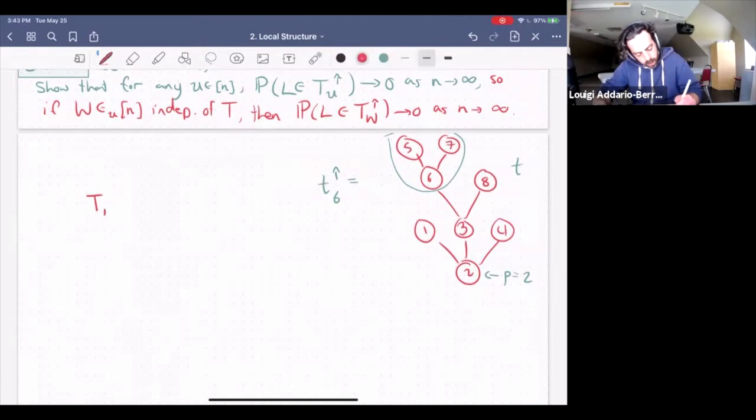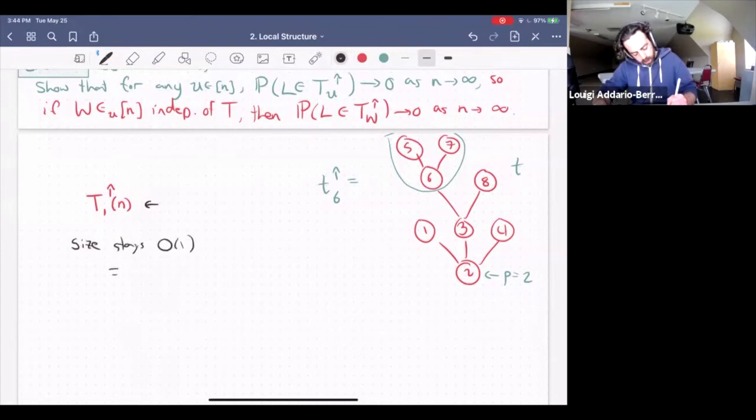So we wrote T1 up arrow for the subtree rooted at vertex 1, but let me write brackets n to indicate that it's inside a tree with n total vertices.